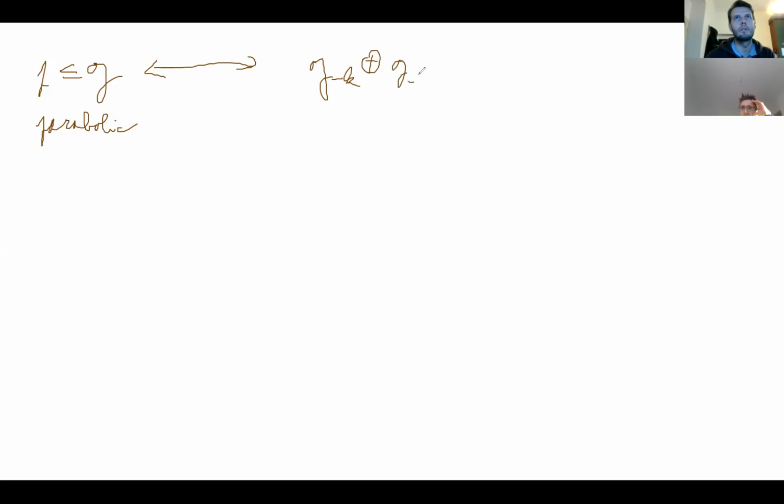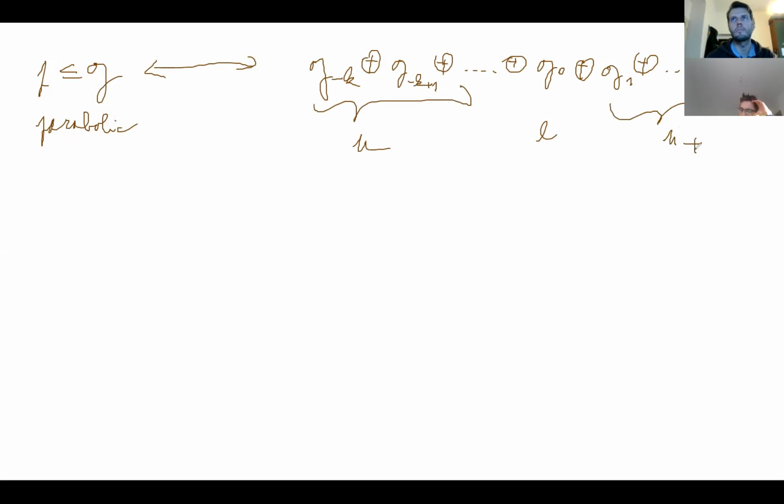Another nice way to define a parabolic subalgebra is to have a grading which is symmetric. So this is U minus, and G0 will be this L, which is sometimes called the Levi part, and then you have these positive guys, U plus.